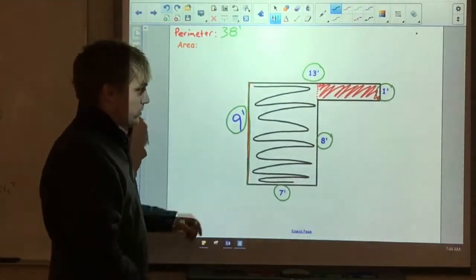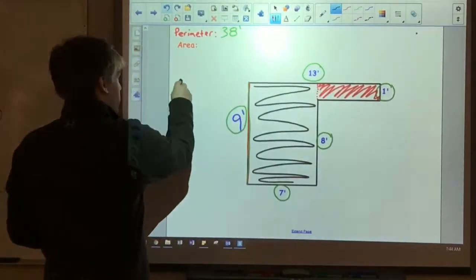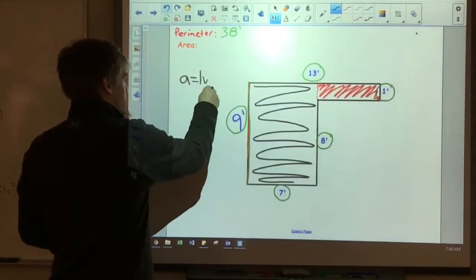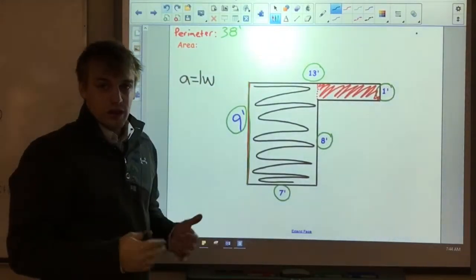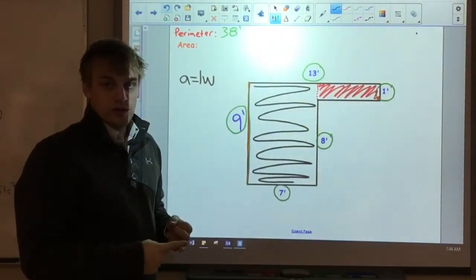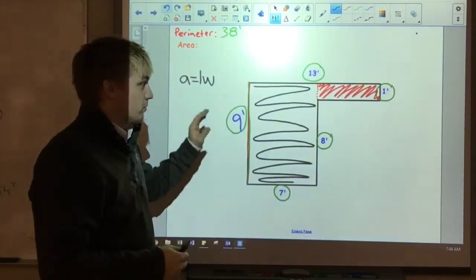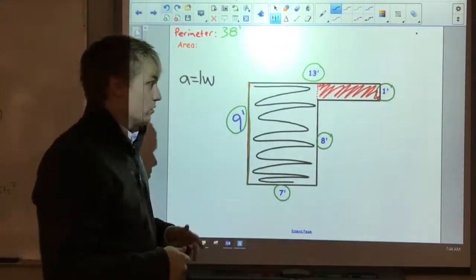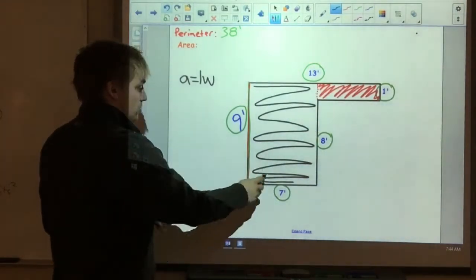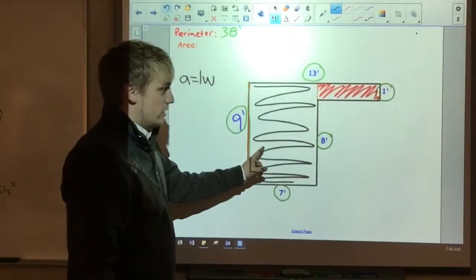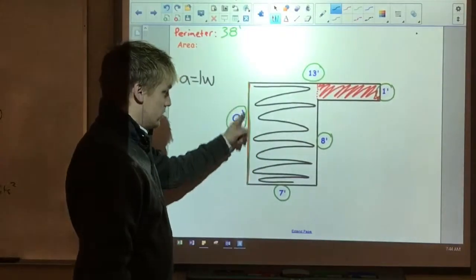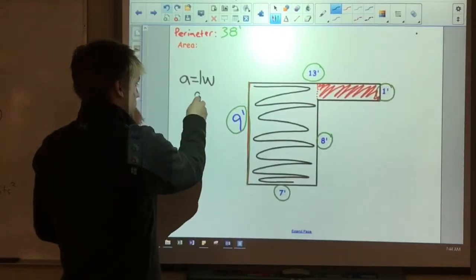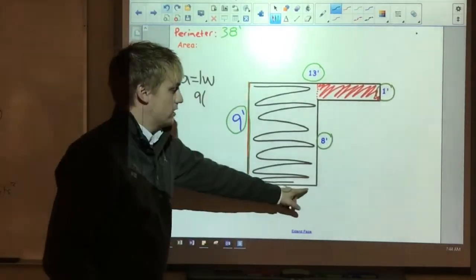This is a rectangle, so you're going to write the formula. I'm going to use length times width. Area equals length times width, or area equals base times height for rectangles. You can use either one. So the length of this rectangle is 9, and the width is 7.